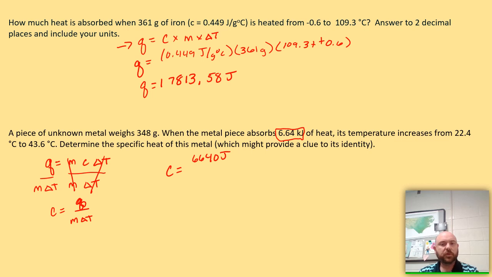So 6.64 times 1,000 is 6,640 joules. Divided by the mass that they give us here, which is 348 grams, times that temperature change, which is 43.6 minus 22.4 degrees Celsius.